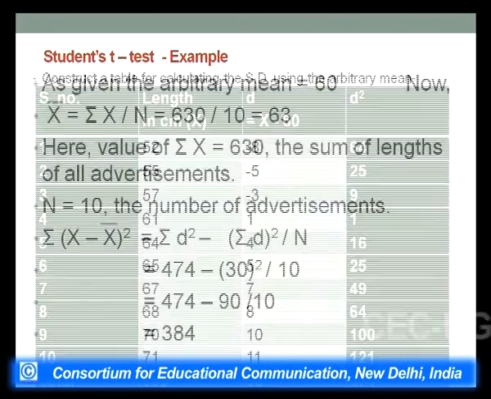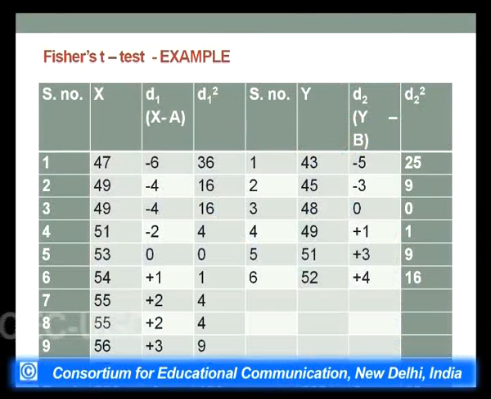Let's come to the Fisher's T-test. See this slide. In this slide, you will find there are two series. One is X, another is Y. And from the X series, you have taken out the median.